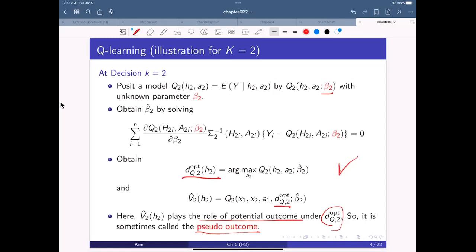H2 is actually X1, X2, and A1, so this guy should be fixed.